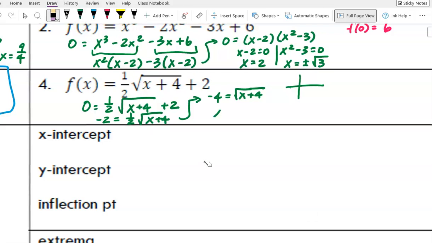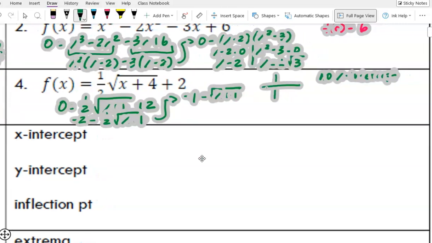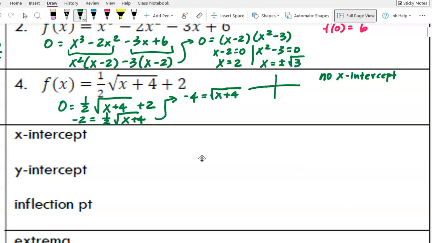No, let's go ahead and write it here. No x-intercept. Okay, I could have followed through and squared both sides, which I was in the process of doing. I found that the reason I put this problem on the study guide is so that you can see that some of these things, you could do it algebraically, but it doesn't have an x-intercept.